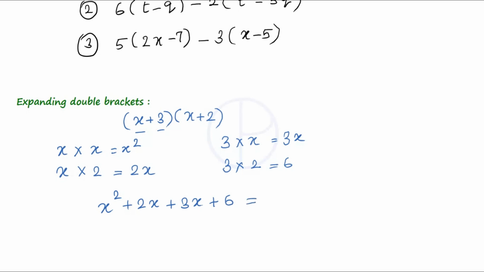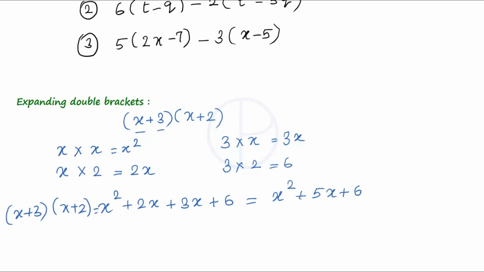And simplify this one. This is equal to x squared plus 5x plus 6. So (x plus 3) multiplied by (x plus 2) is equal to x squared plus 5x plus 6.